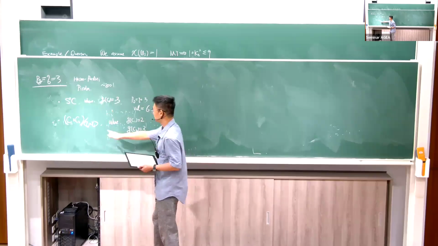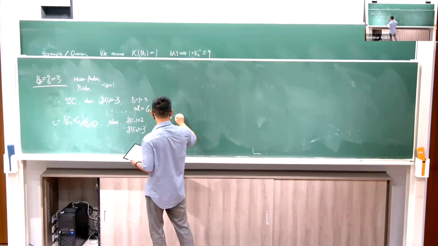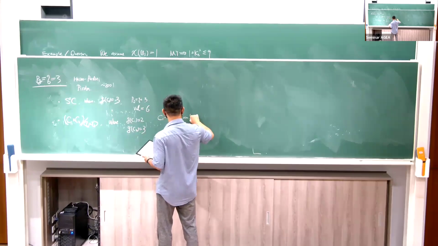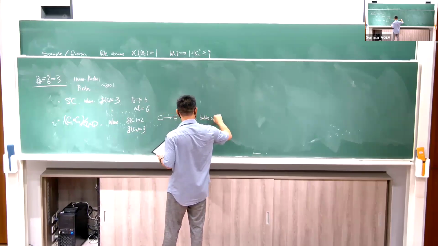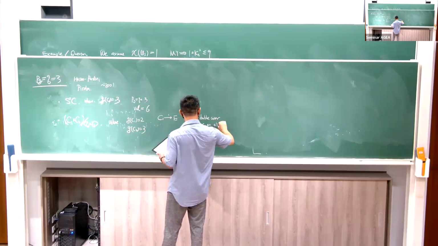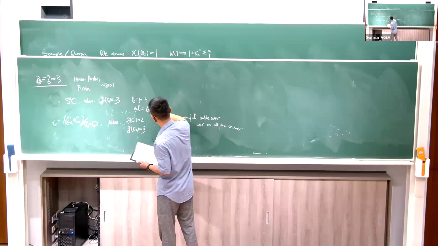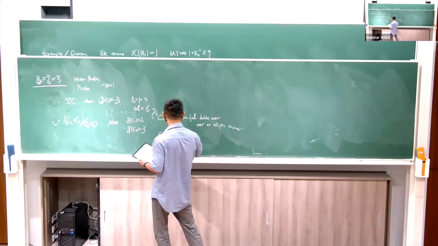And tau 1 is an involution on C1, and C1 is a ramified double cover over an elliptic curve. This tau 1 switches the fibers. And C2 is an étale cover.